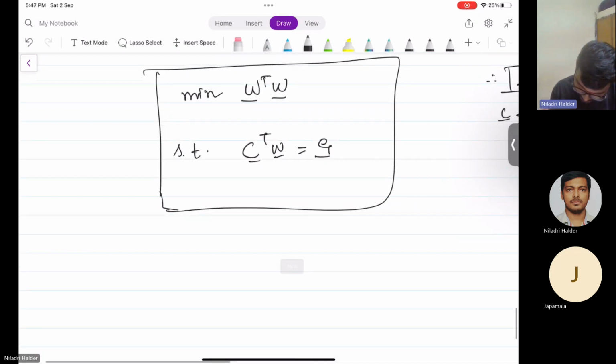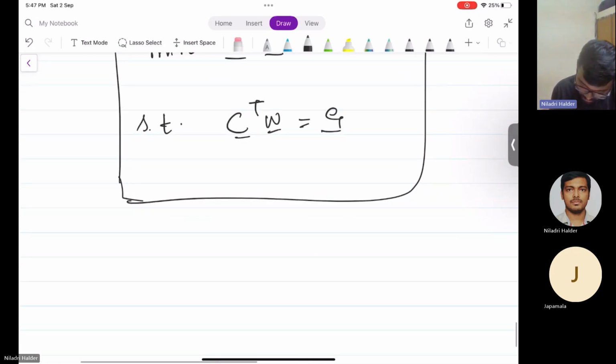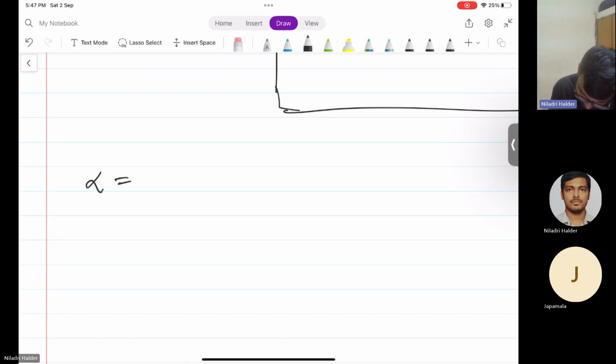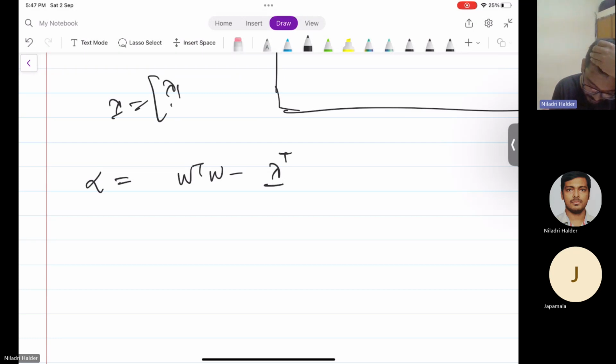So here we will have two Lagrangian multipliers. The Lagrangian is W transpose W minus lambda transpose times E1 minus C transpose W, where lambda is a vector, as there are two terms only, so lambda is equal to lambda 1, lambda 2.